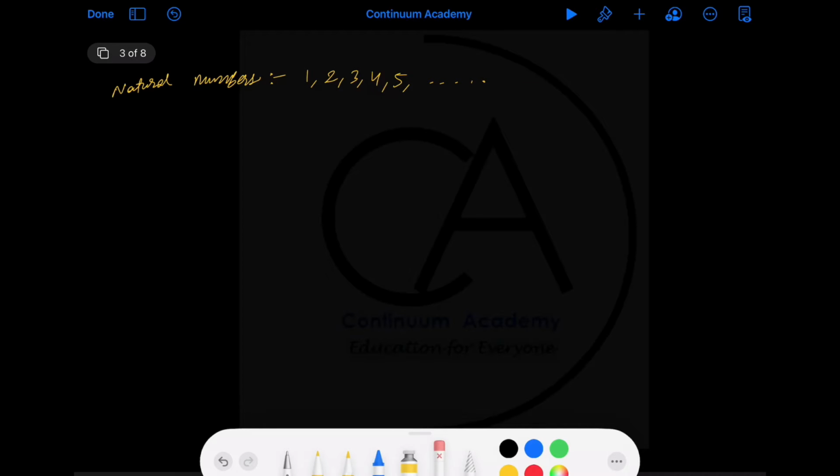Now, whole numbers are 0, 1, 2, 3, 4, 5, dot dot dot. You can see that all the natural numbers are whole numbers. The difference between natural and whole numbers is 0 only. A whole number set contains 0 and the natural number set doesn't.